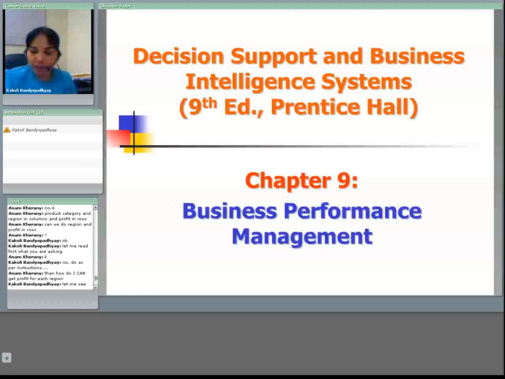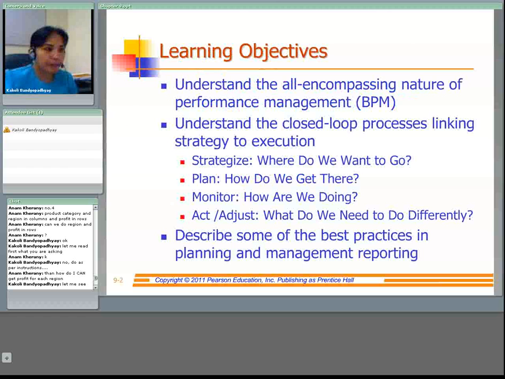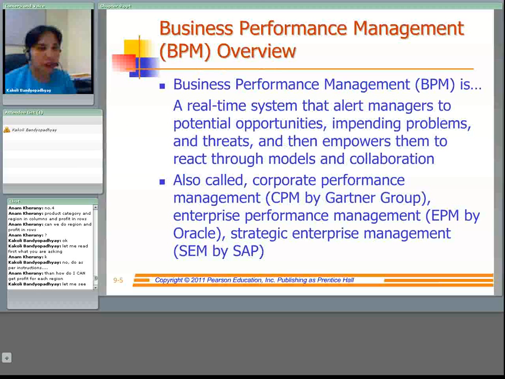Okay, so chapter 9 is on business performance management, and we would first look at what is business performance management. Business performance management is a real-time system that alerts managers to potential opportunities, impending problems and threats, and empowers them to react through models and collaboration.